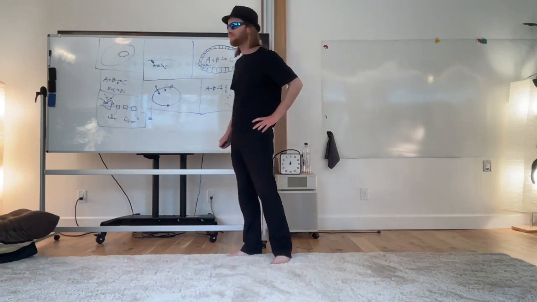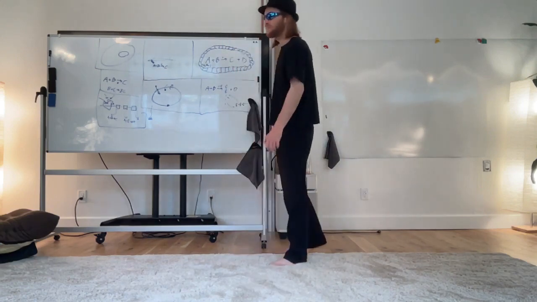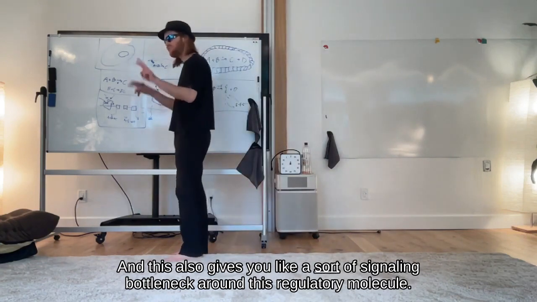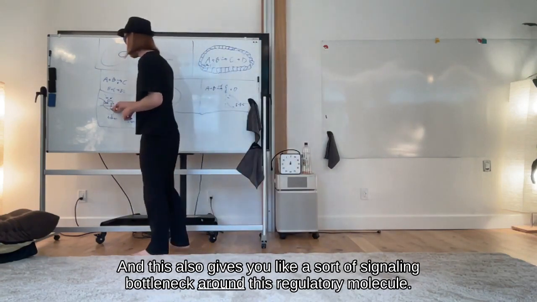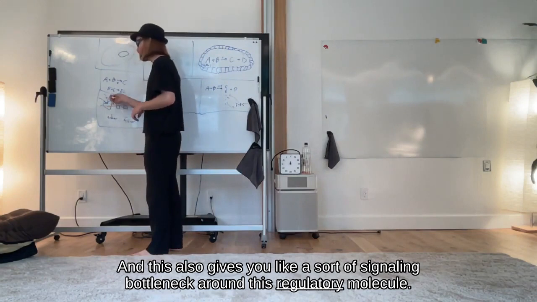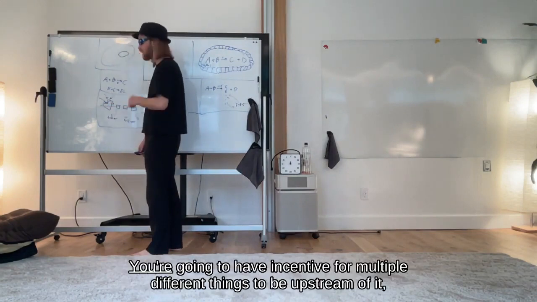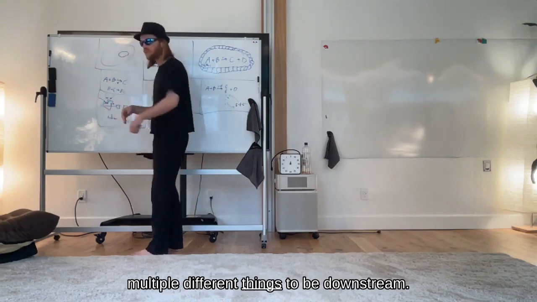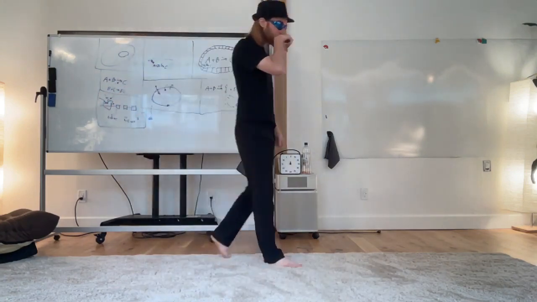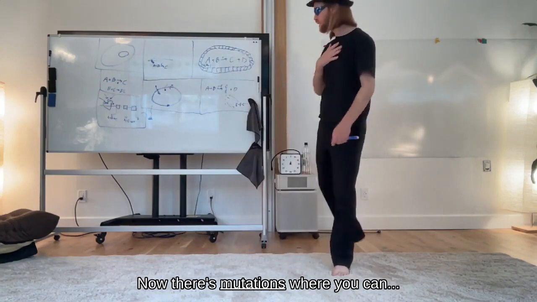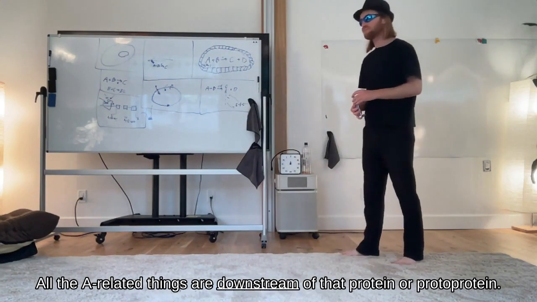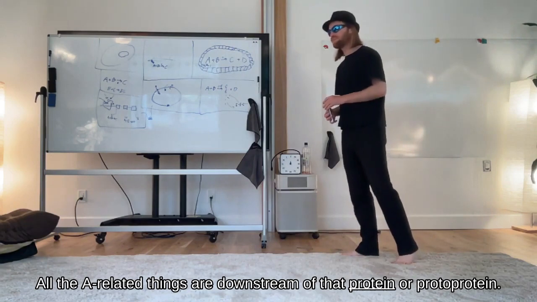This also gives you a sort of signaling bottleneck around this regulatory molecule. You're going to have incentive for multiple different things to be upstream of it, and multiple different things to be downstream.